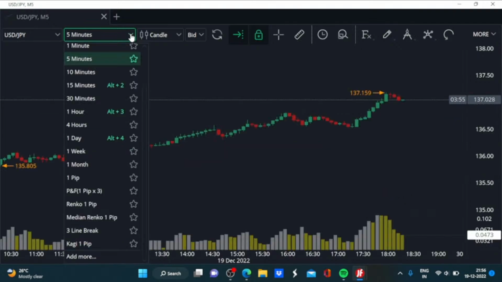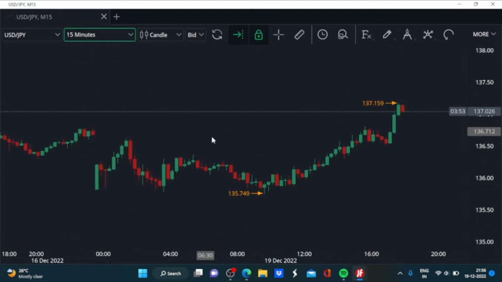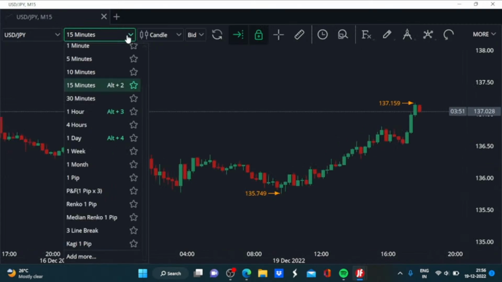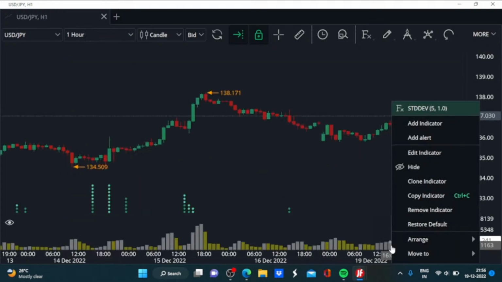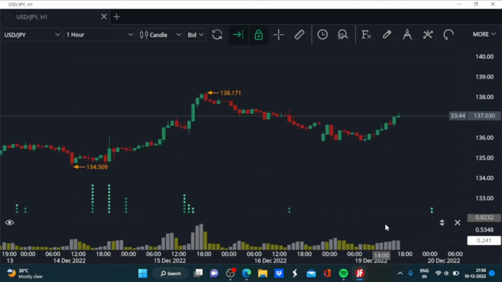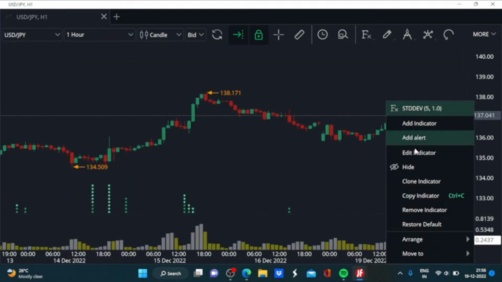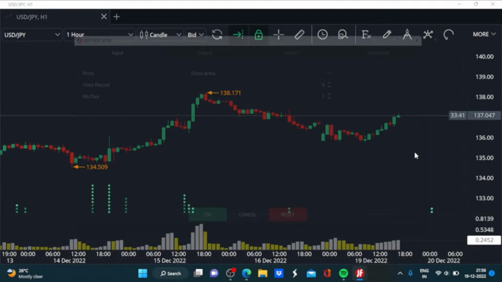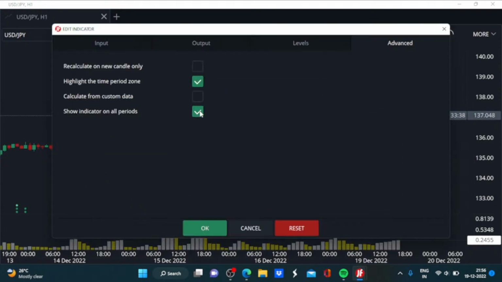5 minute, it is back in the mix. Okay, 15 minute, it's not there. Again hourly, it is back. So that's how this system of indicator customization can be utilized to define this indicator in whichever way you deem fit, whichever way you feel is going to optimize your entry and exit points and help you in further making your trading system profitable.